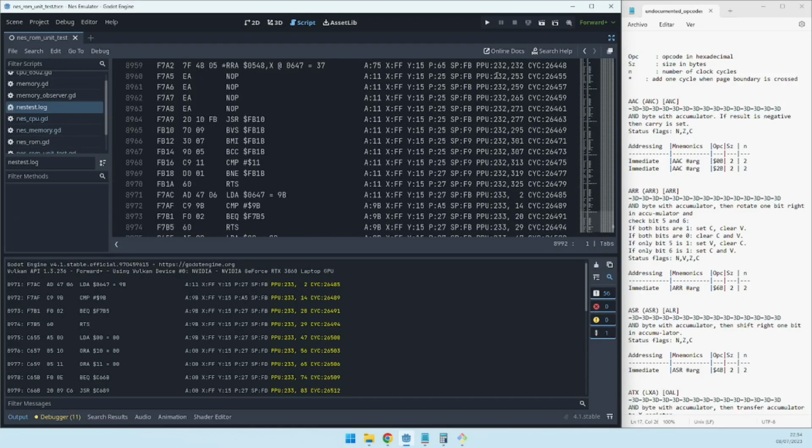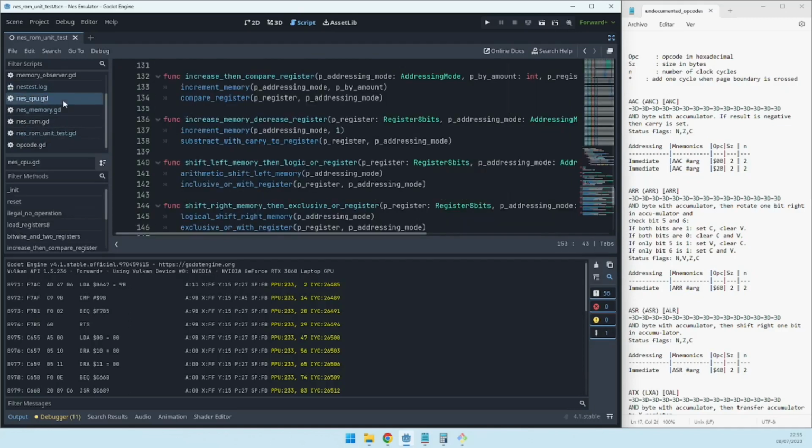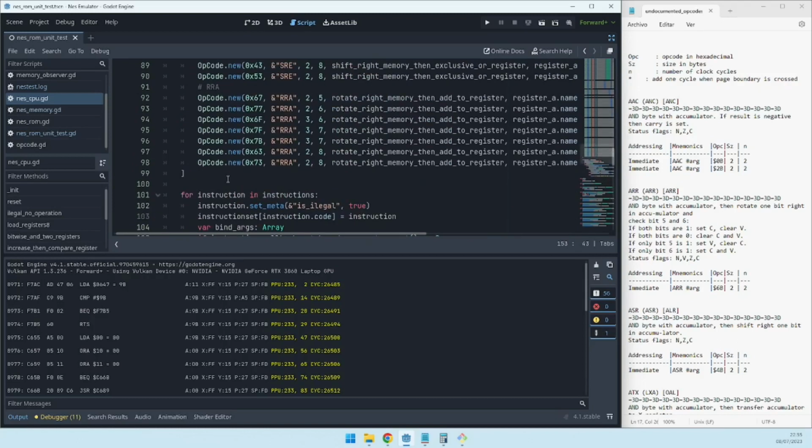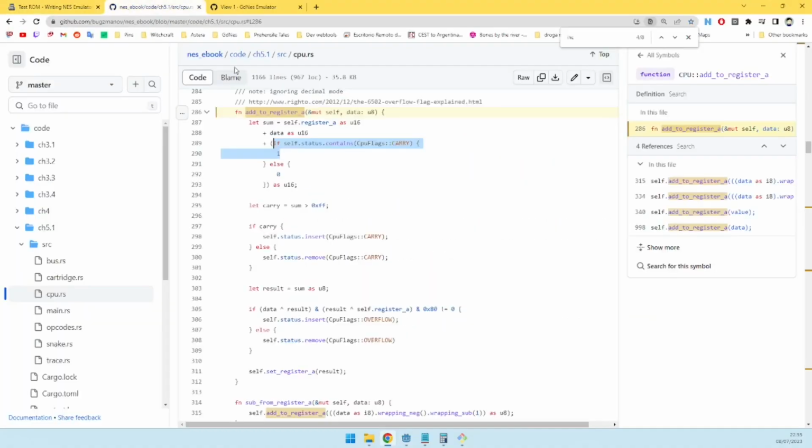This is quite easy, I guess. So what I am going to do for this is implement them in the way I think they are and compare it to the example in Rust in here.